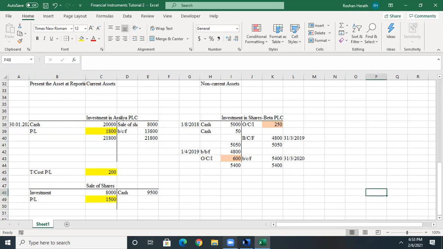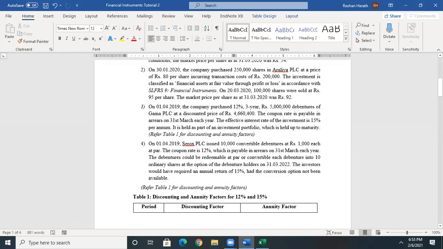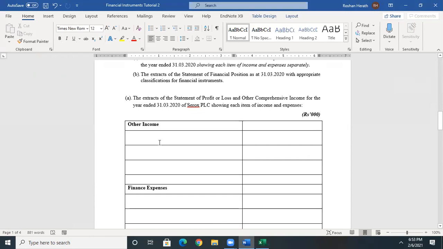Right, that's it. Let us take under the other income, you first have the gain on disposal of shares, 1,500.